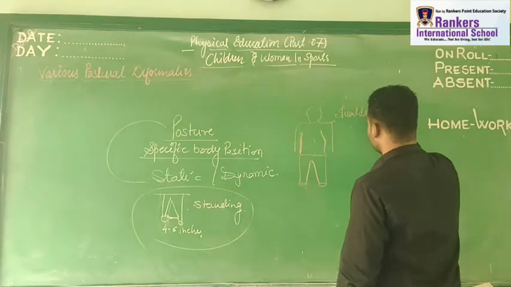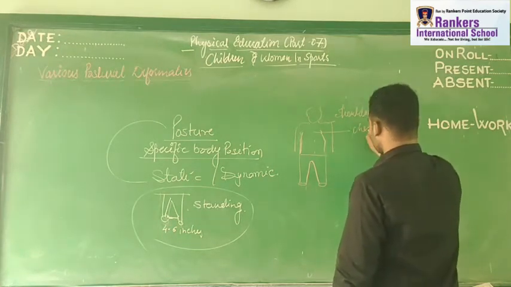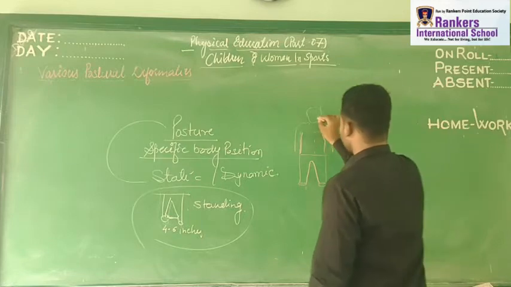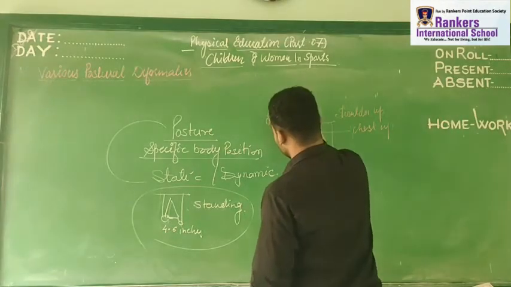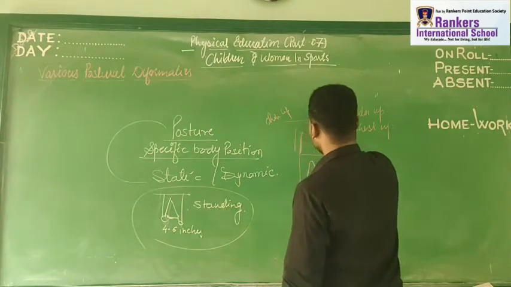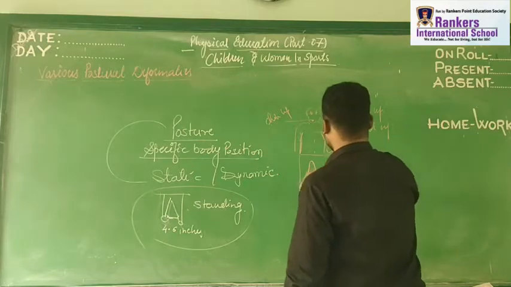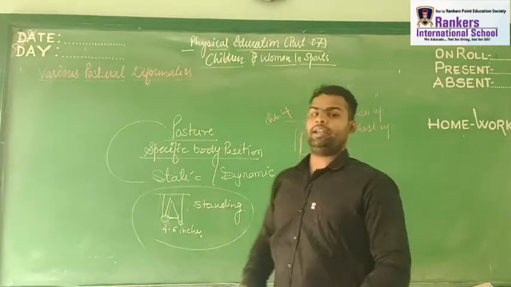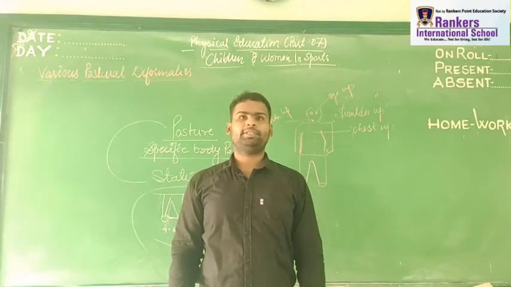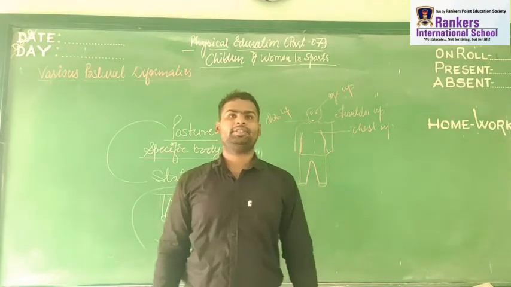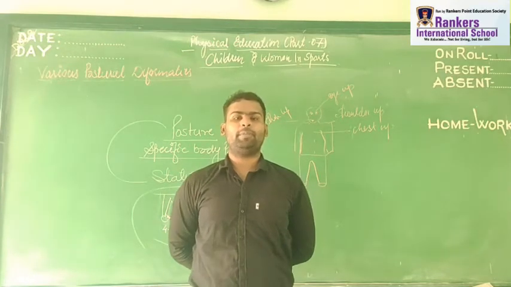Shoulder up, chest up, chin up, eyes up. So let me tell you how to perform it. Chest up, chin up, eyes up, and there should be a distance of 4 to 6 inches between your legs, and your hands should be back.